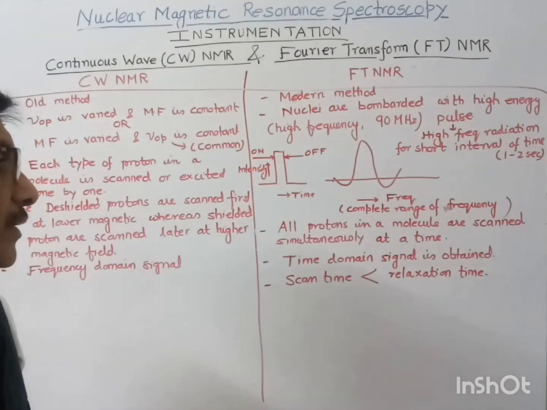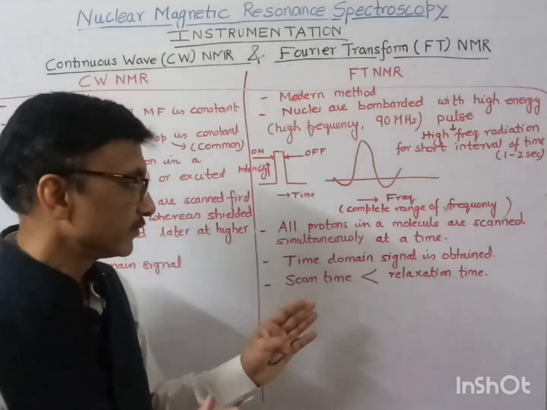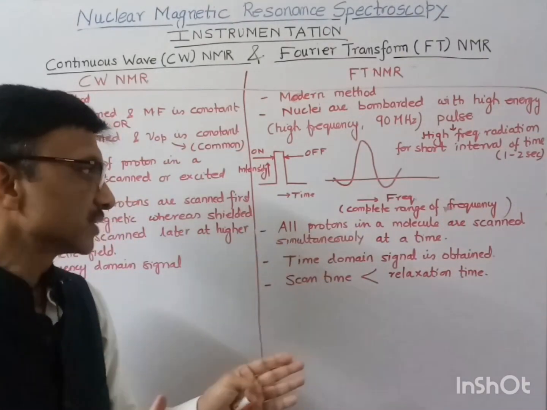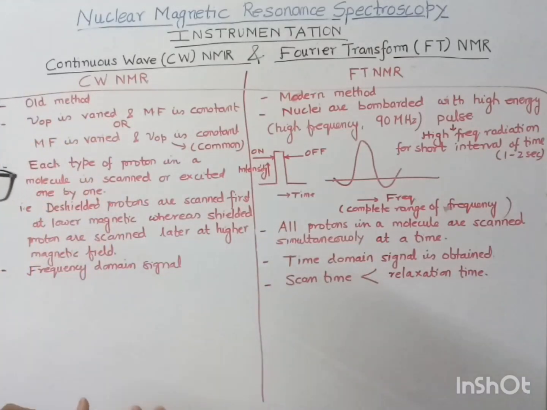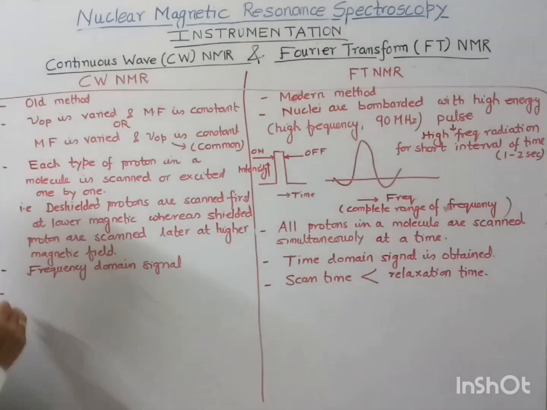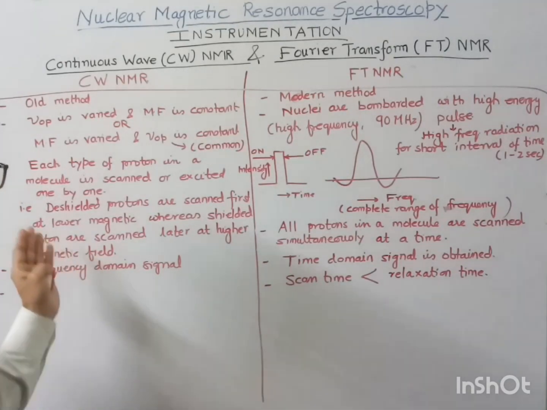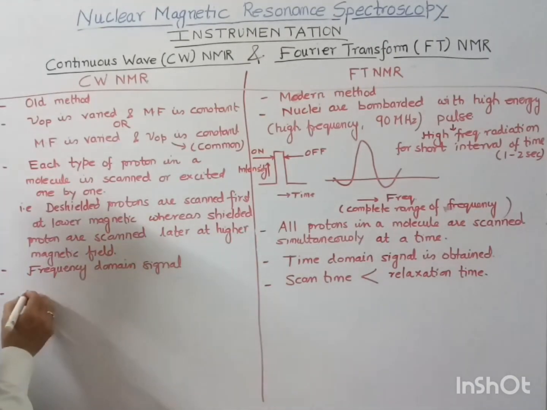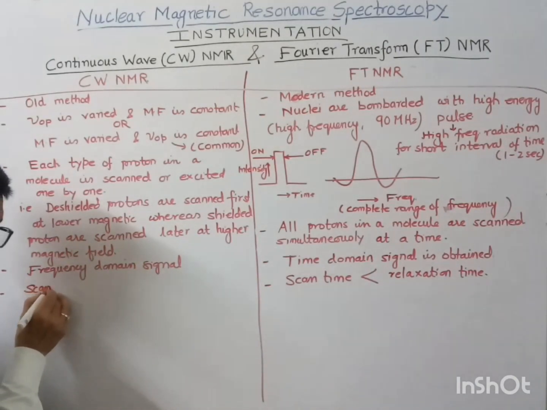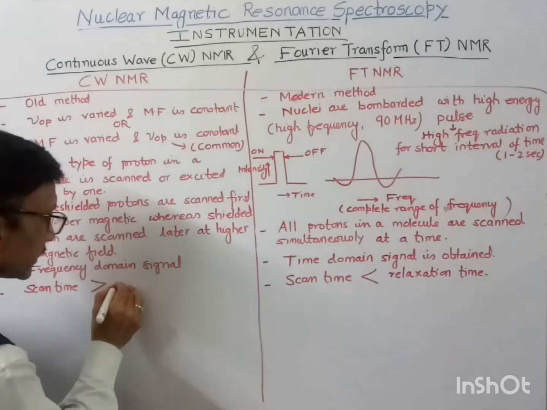In CW-NMR, the scan time is more, because the protons are scanned one by one, so scan time is more than the relaxation time.